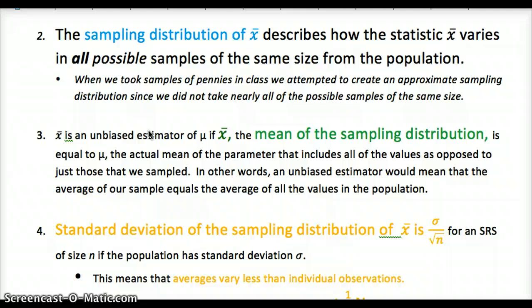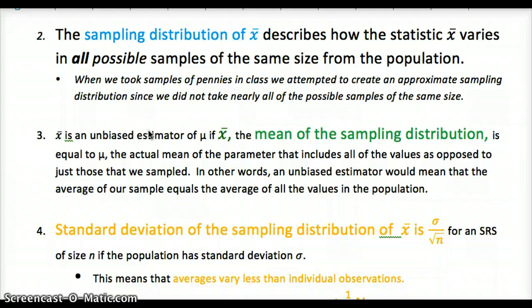An unbiased estimator would give us an accurate mean, the mean that's actually from the population. So X bar is our statistic, it's our mean from our sample. If it's an unbiased estimator, it gives us a value equal to mu, the actual mean of the parameter.